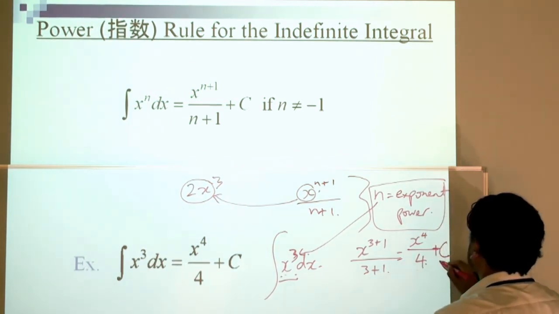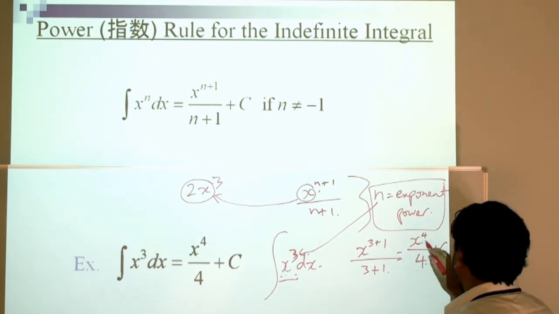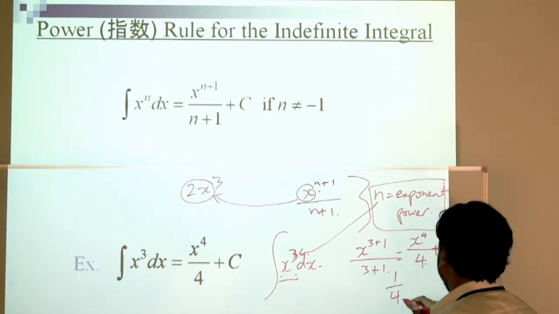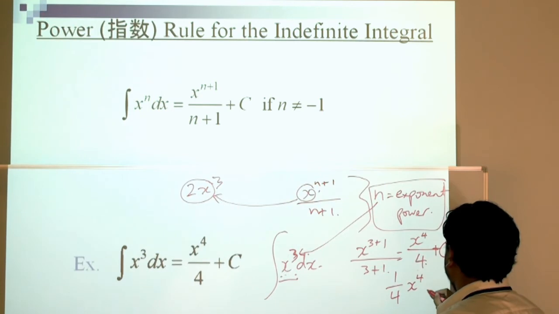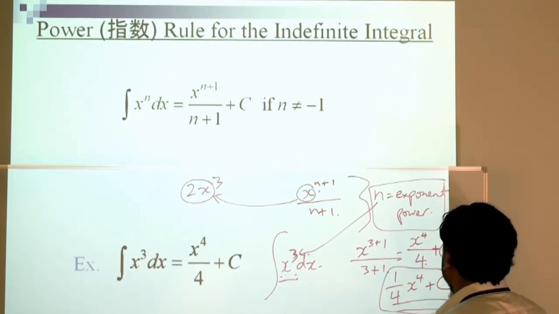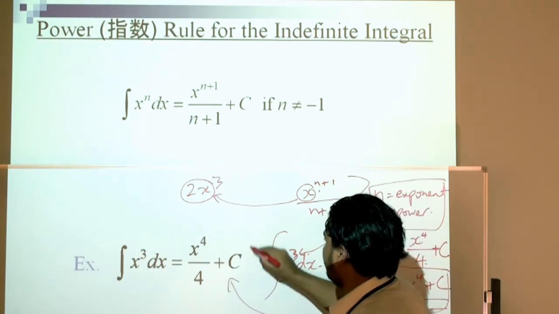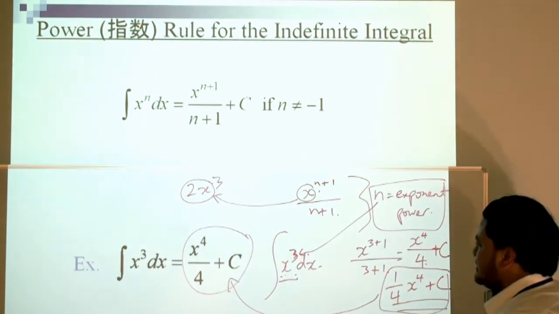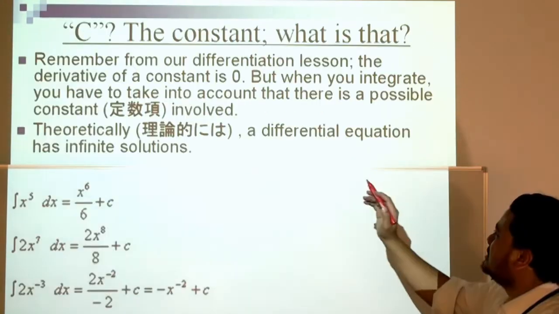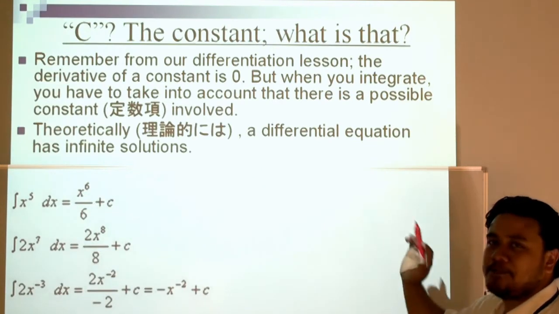We'll talk about that shortly. What is this c here? That can also be written as 1 over 4 x to the 4 plus c. That's the same as that. Now, what is this plus c? The constant, what is that?